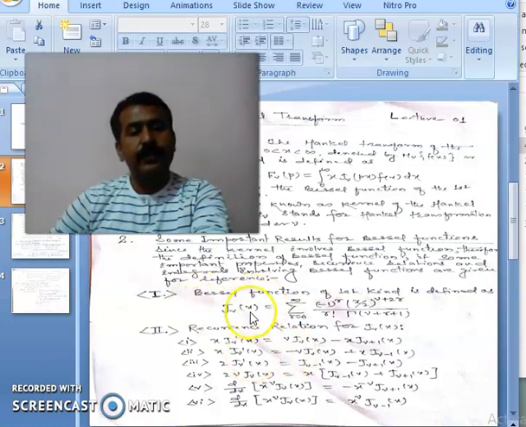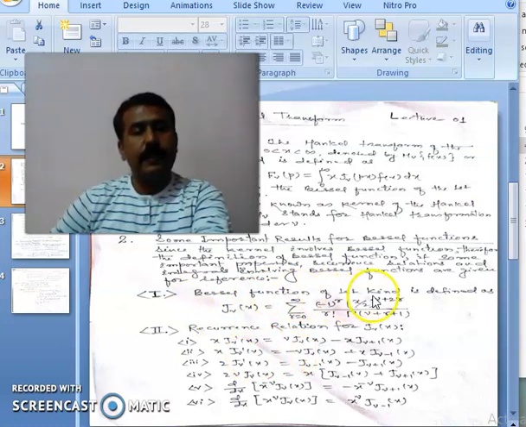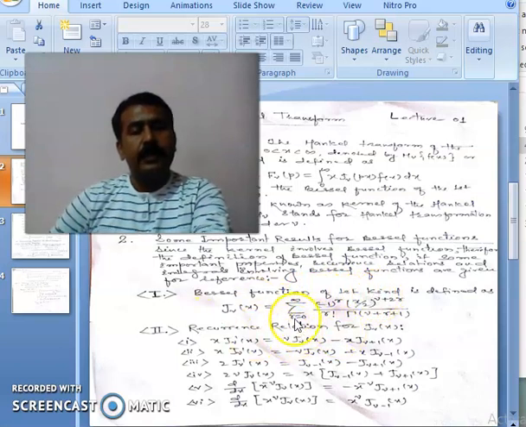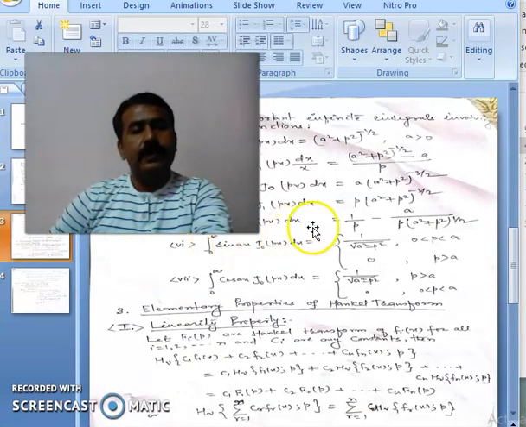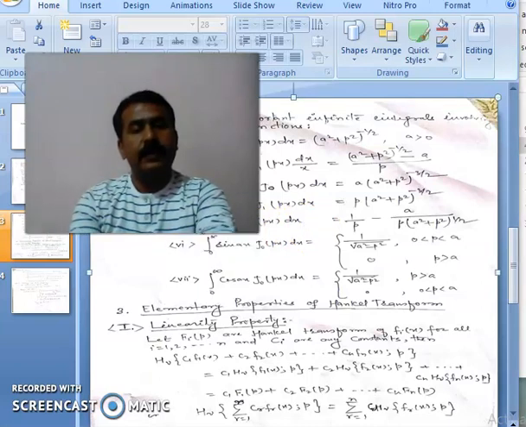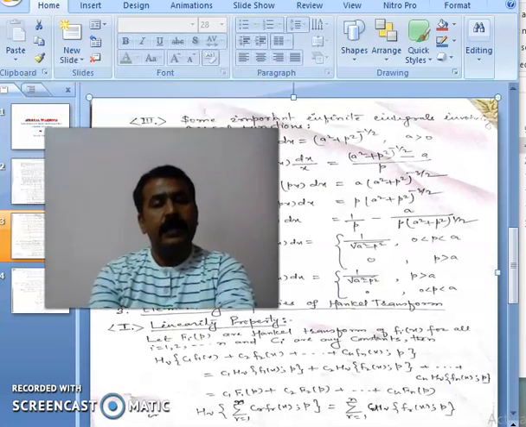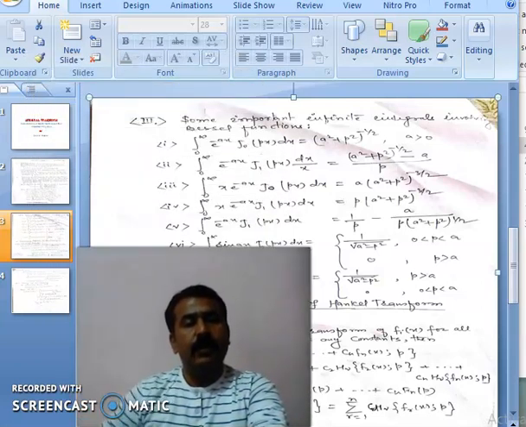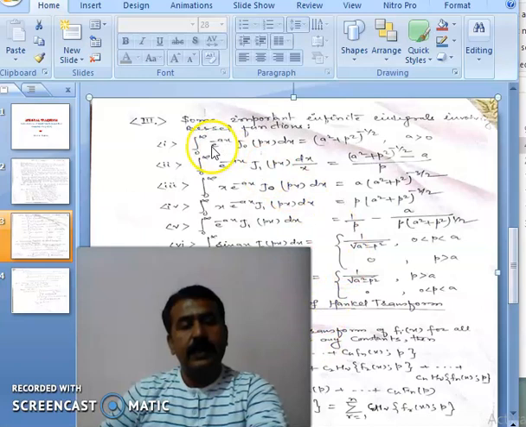Now using the Bessel's function of the first kind and recurrence relations, now some important integrals involving the Bessel's functions.